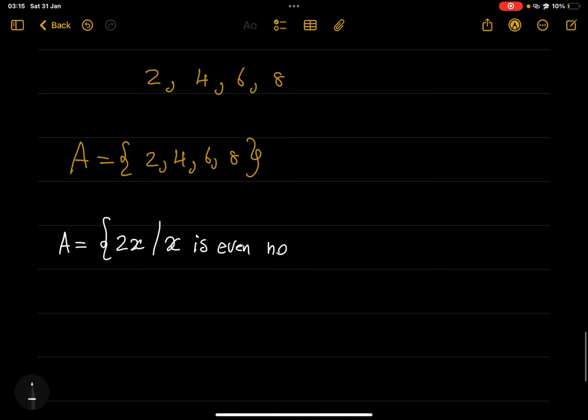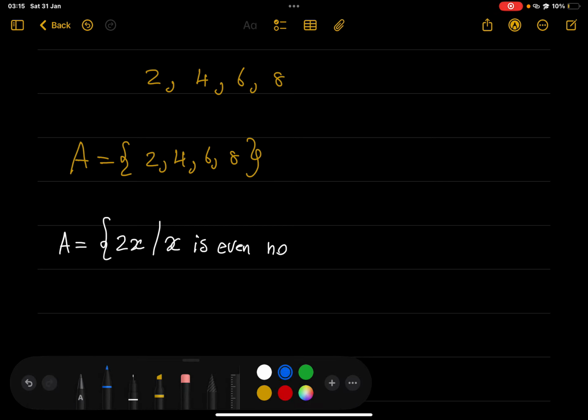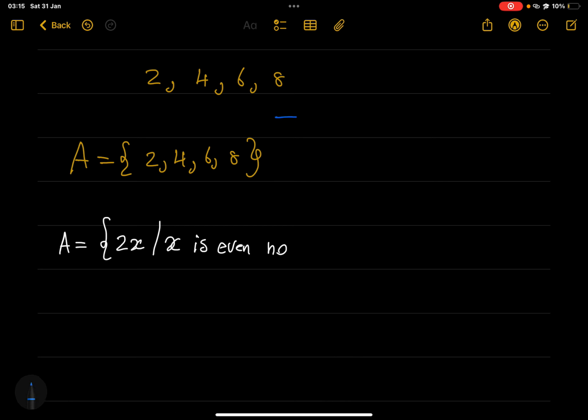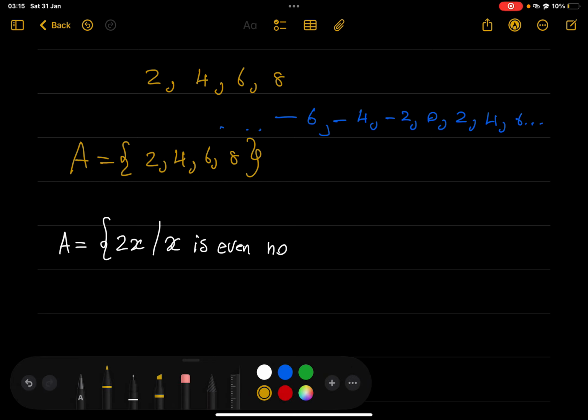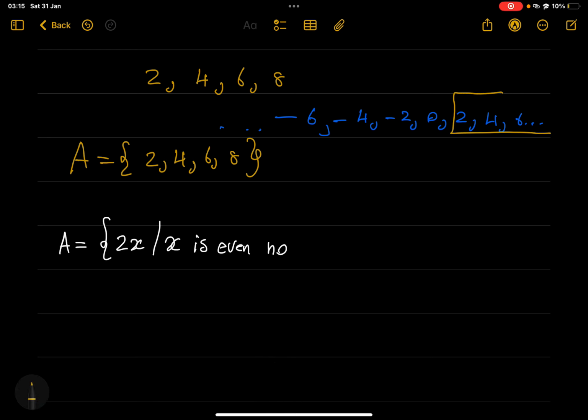I have to be specific, because even numbers are numbers like negative 6, negative 4, negative 2, 0, 2, 4, 6, and so on. But the numbers that they give me are only 2, 4, 6, and 8, which I forgot to include.